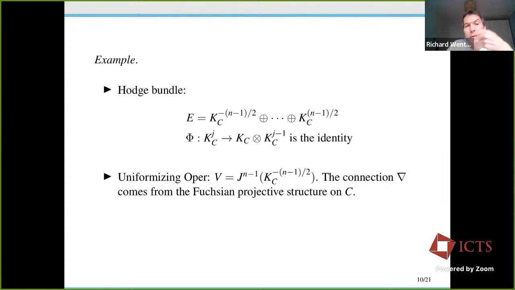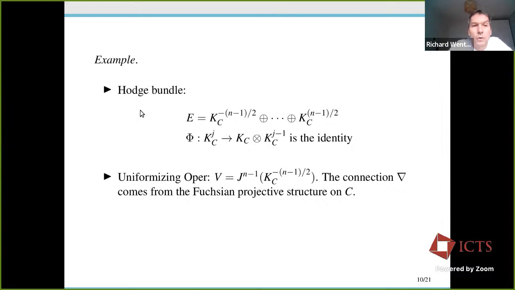But there's one that comes from uniformization: we're on a Riemann surface, so we know that it has a uniformization, and that gives you a natural projective structure. If we take the symmetric power of that projective structure, we get a flat connection on a rank n bundle, and that rank n bundle is exactly this jet bundle here. This is sometimes called the universal Oper.